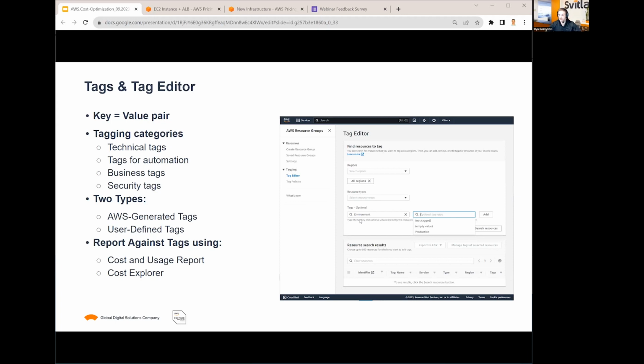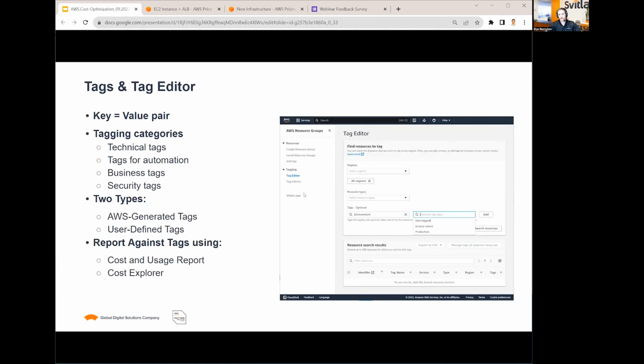It could be business tags: project, owner, department. Previously, we mentioned that resources should be assigned to a particular department or business entity in order to be able to better understand cost. And also it could be additional security tags and other categories. Tags can be produced by AWS for some technical purposes, and they can be user-defined tags. Later we'll take a look at how they could be used in Cost and Usage Reports and Cost Explorer.